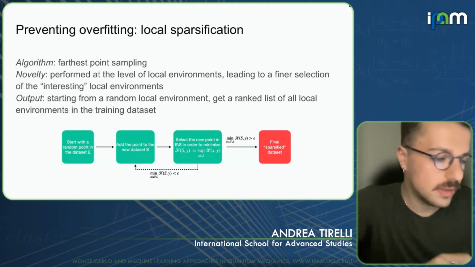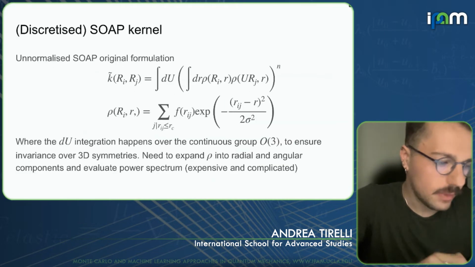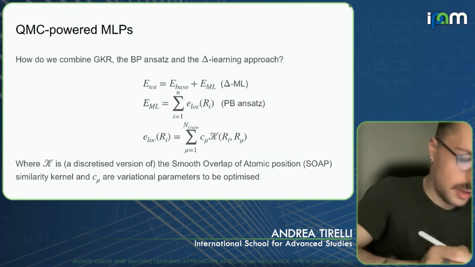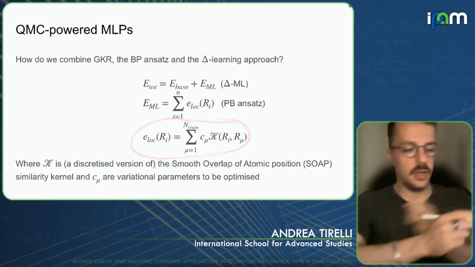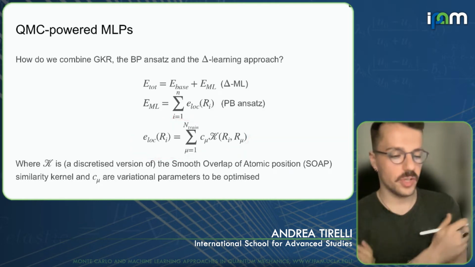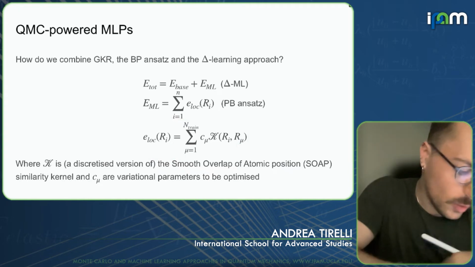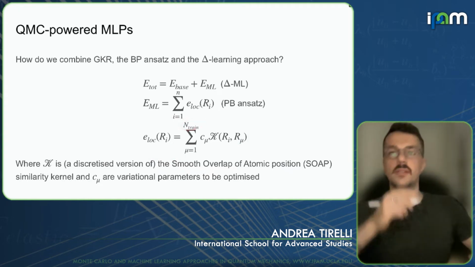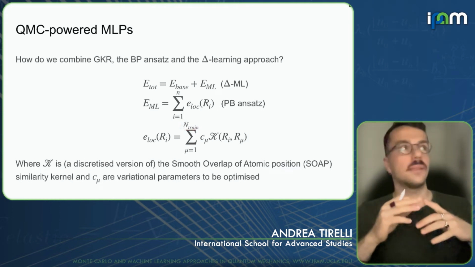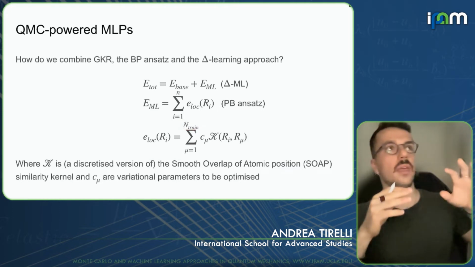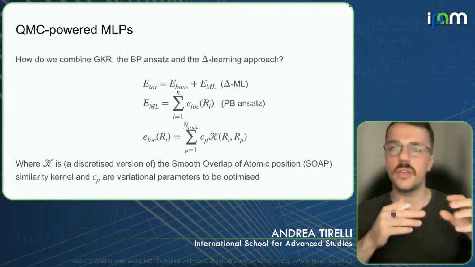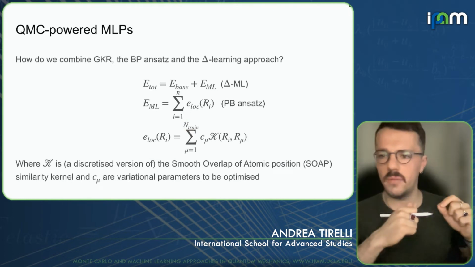But if you look at the formula of the local energy, there is no need for the training local environments to all be in one configuration. I don't know if that's clear.